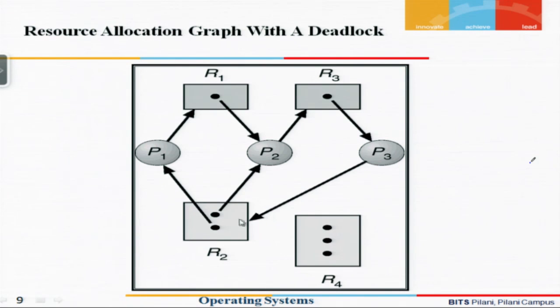It is the same graph as the earlier graph, except that in the earlier case P3 was not making any request for other resources, whereas in the new graph we are saying, let us assume that P3 is making a request for a resource R2.